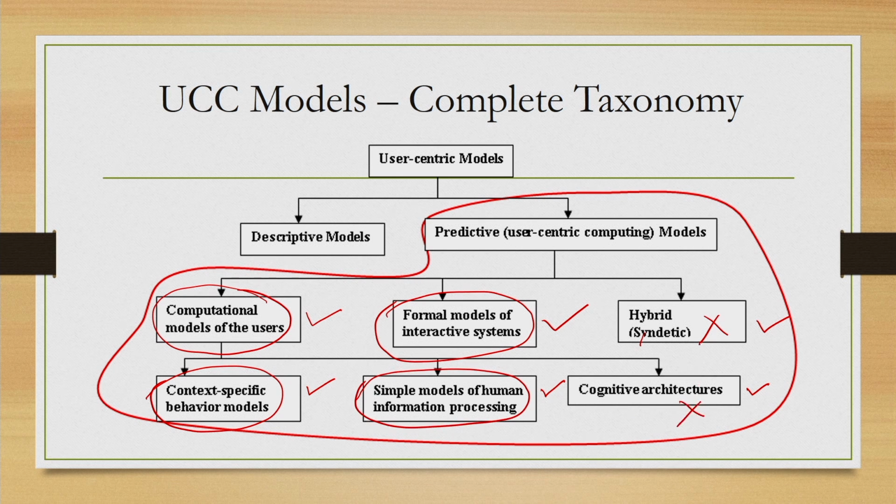Both of these are very complex to understand, and those are outside the scope of the content of this course. So, we will have a look at a few popular models that fall into these categories: computational user models and formal models.